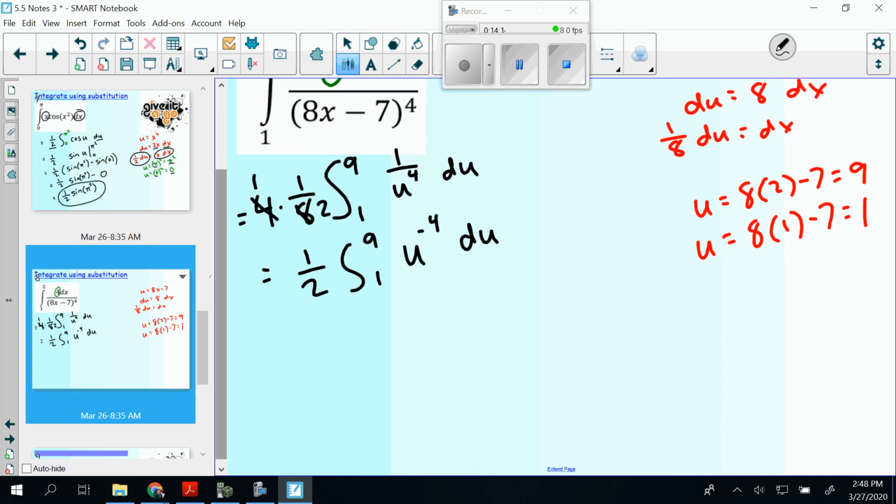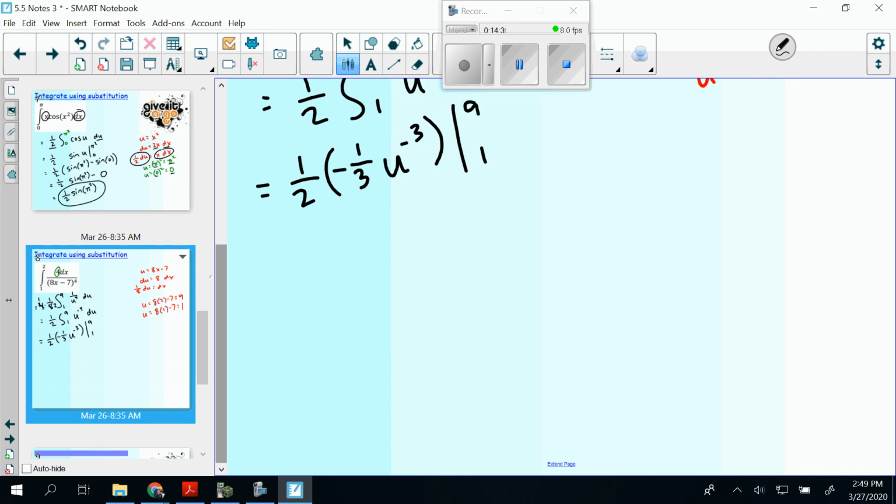So now add 1 to that. Make sure it goes to -3, because if you add to a negative, it's going to become less there. Reciprocal of that would be -1/3. But we also have this constant here of 1/2 still multiplied to that. We want to evaluate this at 9 and 1. So to keep going here, I'm going to multiply those two constants together to get -1/6.